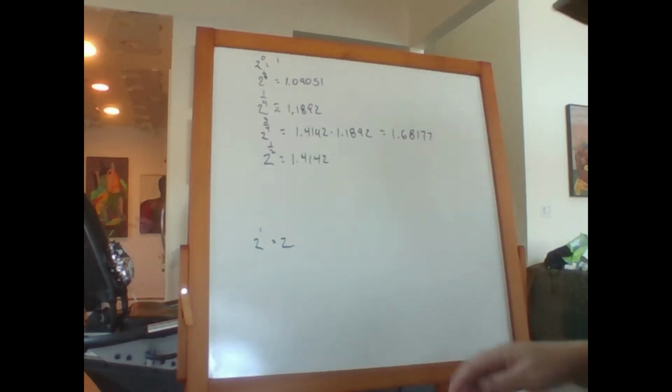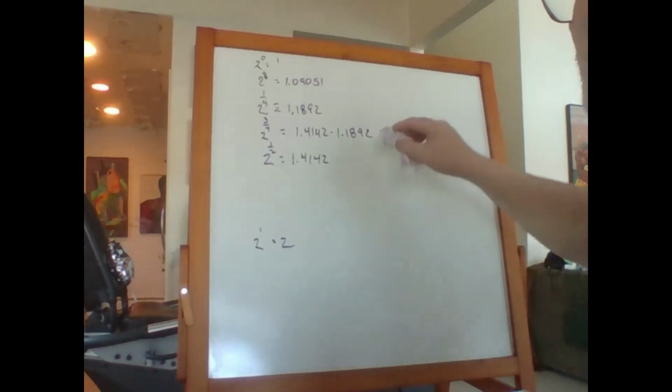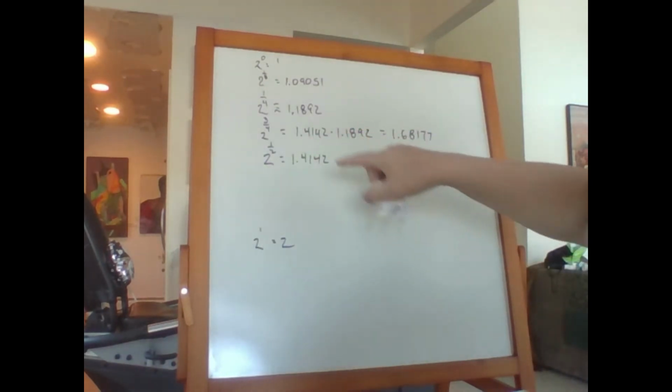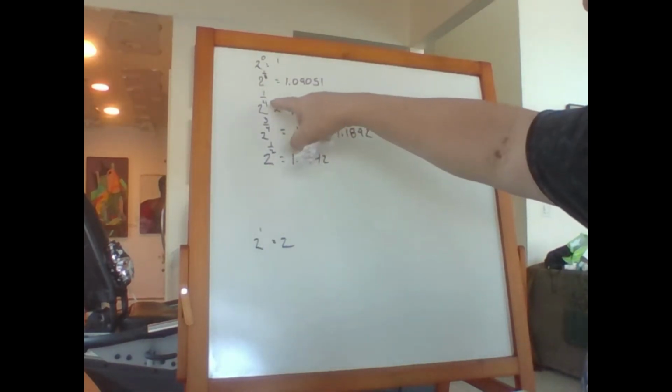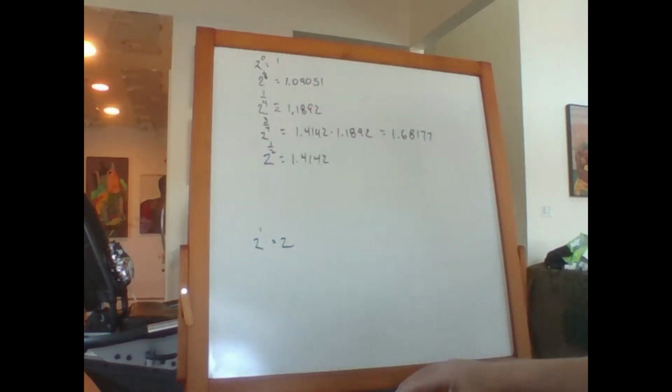So 2 to the 3/4 is equal to 2 to the 1/2 times 2 to the 1/4. And let's see how close we came.